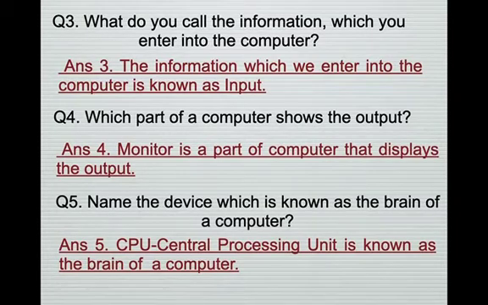Input, process, output. Input is data and instruction. When you give data and instruction in the computer, it will process and it will give the output. There are so many different input devices: keyboard, mouse, joystick, scanner, light pen, right? We have learned in chapter 2.